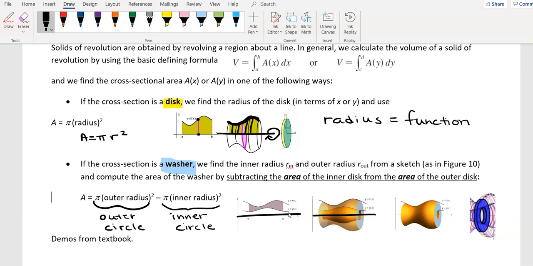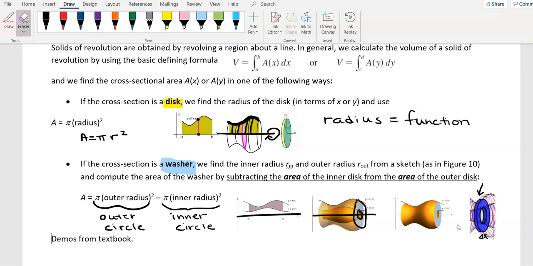We took the outer function and rotated it, and then we took the inner function and rotated it in this circular shape. And you can see that the edge looks like a donut or a washer. And if I were to take a cross section anywhere throughout this shape, for example, right here, you would still have that washer shape to it, where you have an outer circle and then also an inner circle.